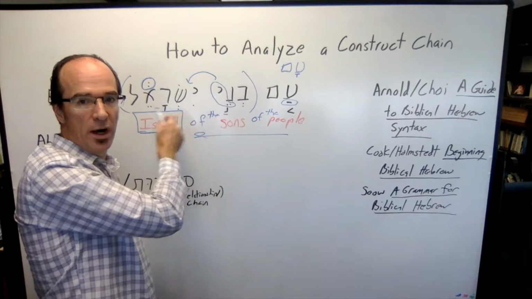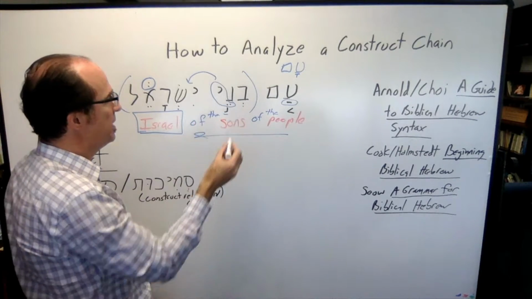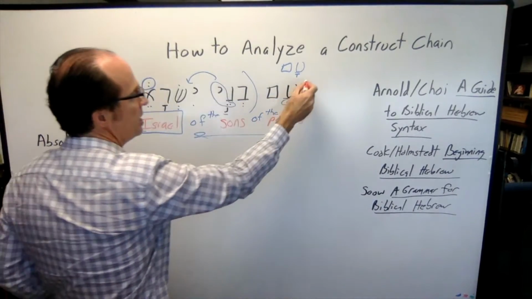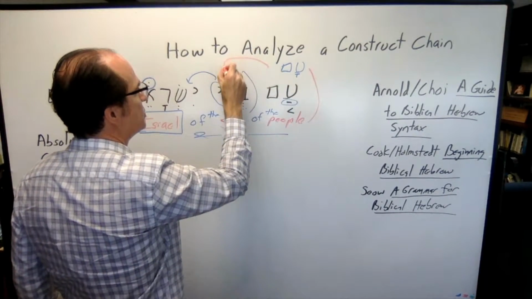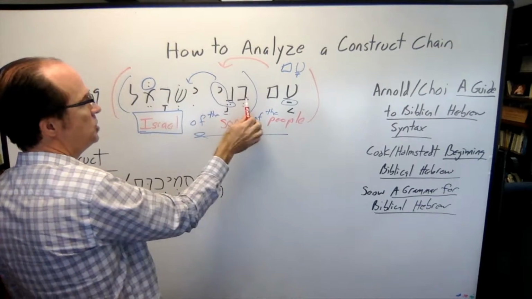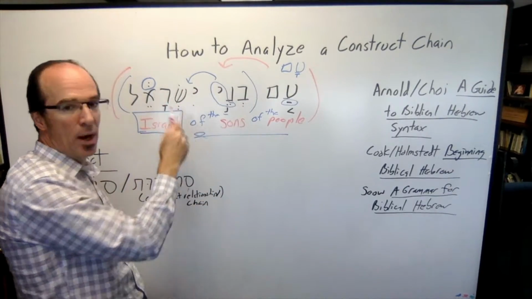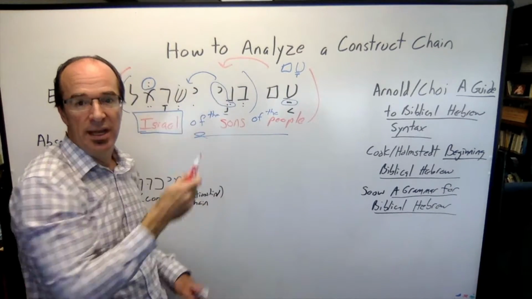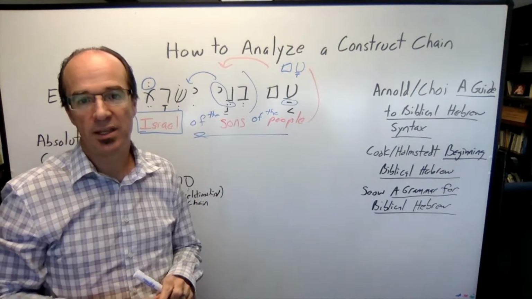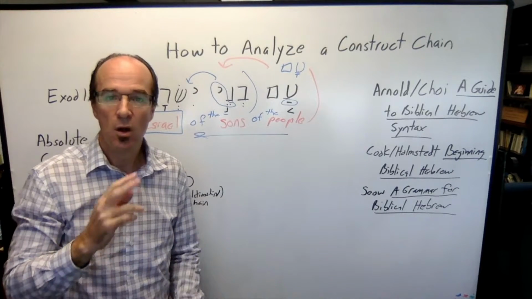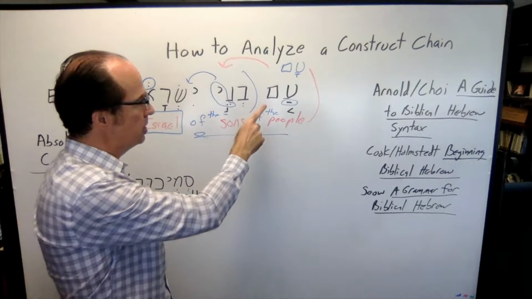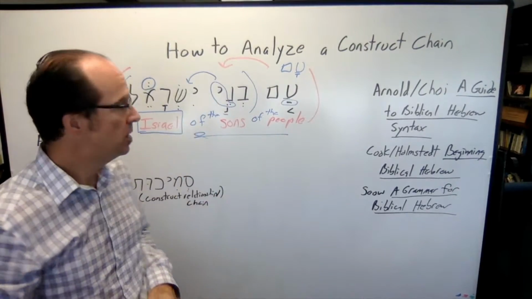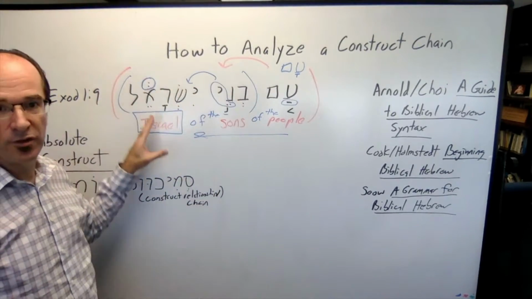So this is one genitive relationship. And then if we back it out, we can also see that people is essentially in a genitive relationship with the entire rest of the bracket. So it's the people of Israel's sons. To properly analyze this construct chain, we're going to need to make a comment on the force of both of these. So let's start with sons of Israel.